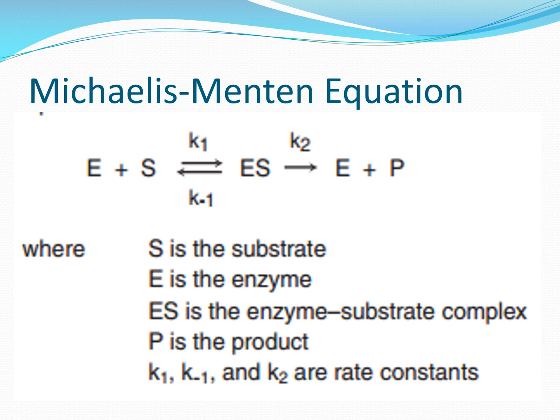Remember that S is the substrate and E is the enzyme, and it forms an enzyme-substrate complex. Then, after the reaction, there would be an enzyme which is unchanged, and P would be the product, and your K1, K-1, and K2 are our rate constants.